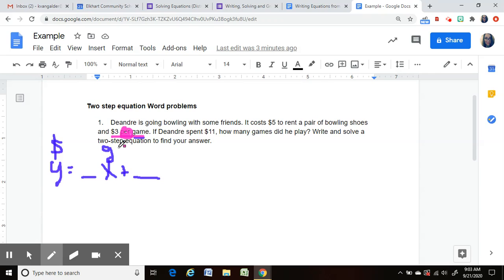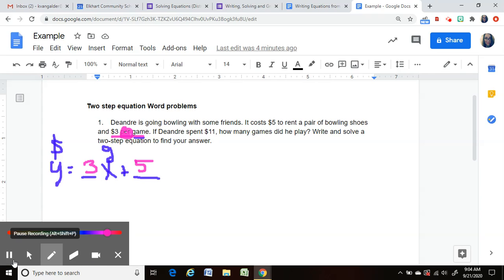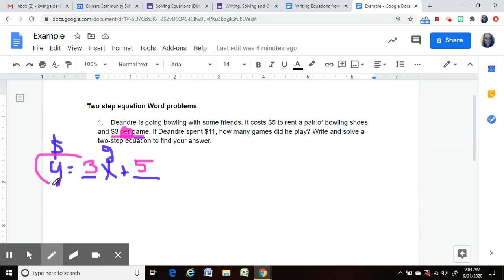I know I just covered it up, but 3 is our slope. Whereas when it comes to money, a one-time fee represents our y-intercept. So we have written our equation, y equals 3x plus 5. We know that y represents money, x represents games.